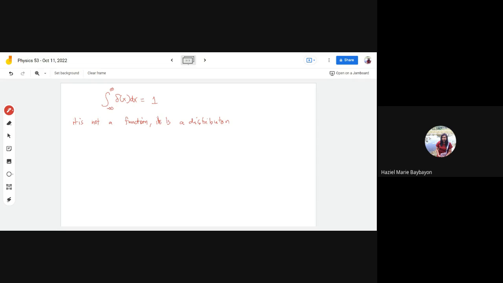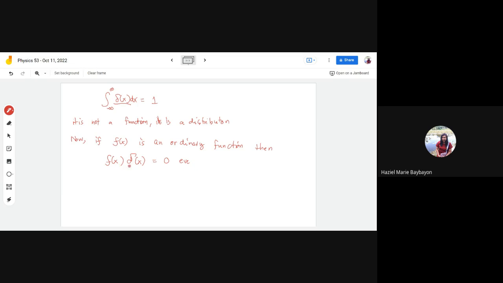Okay. Now, this is the Dirac delta function. If f of x is an ordinary function, then f of x multiplied by the Dirac delta function is equal to 0 everywhere except at x equals 0.